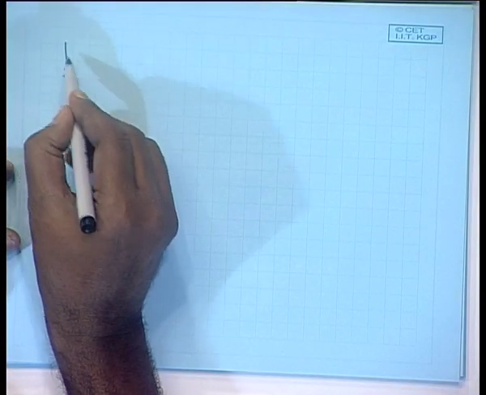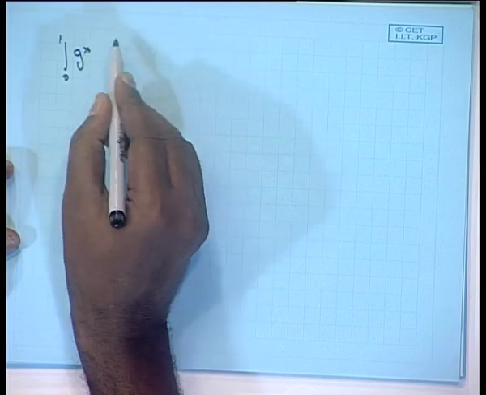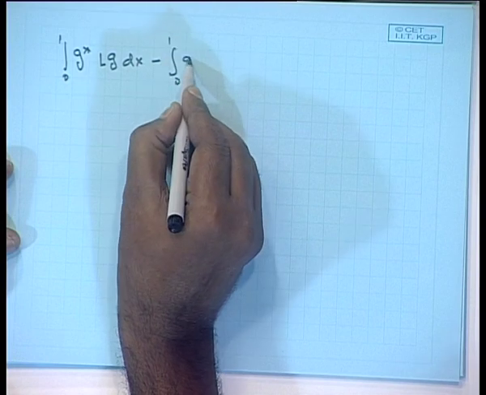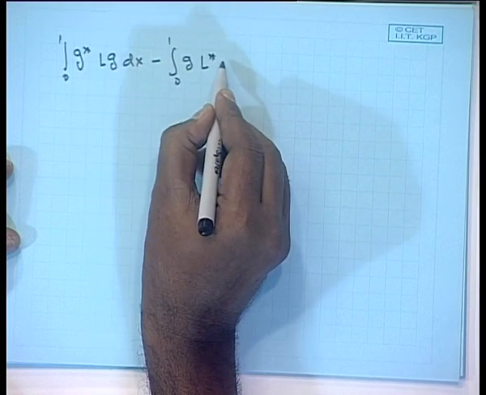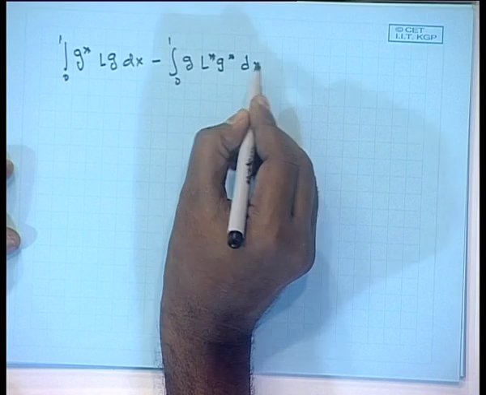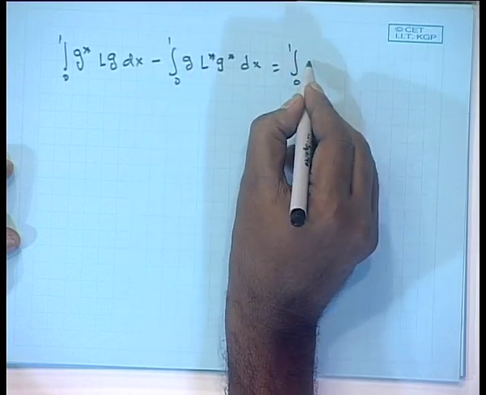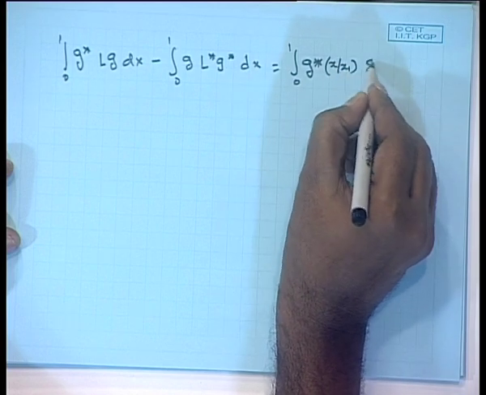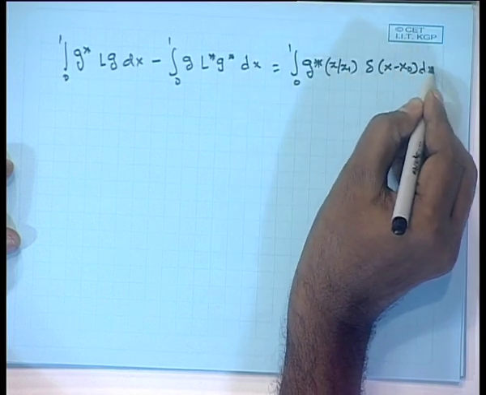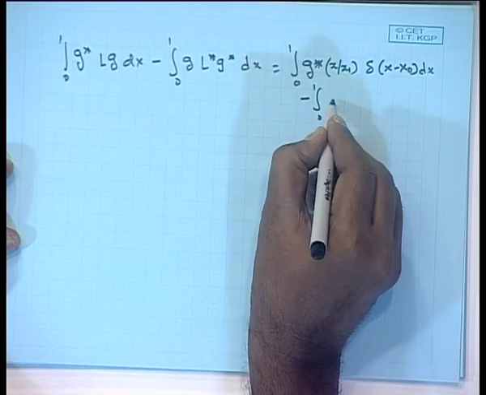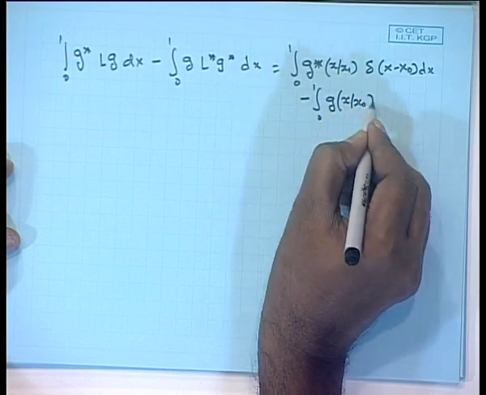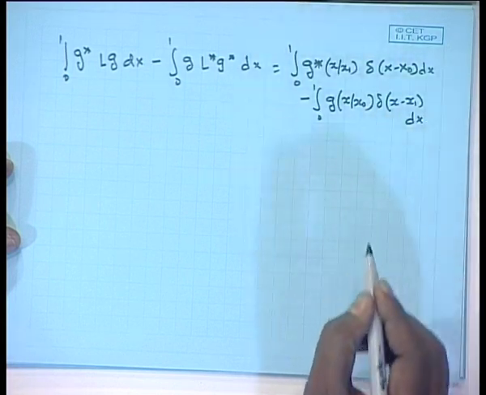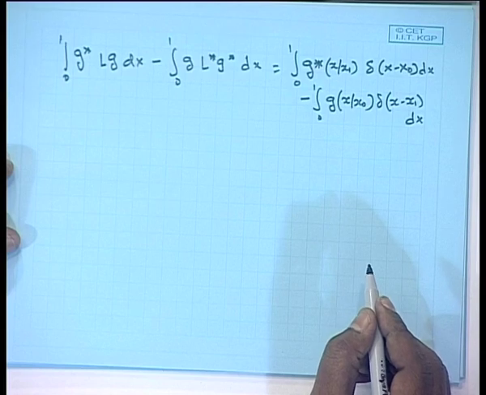That means integral 0 to 1 of G star L G dx minus integral 0 to 1 of G L star G star dx equals integral 0 to 1 of G star of x by x1 delta x minus x naught dx minus integral 0 to 1 of G of x by x naught delta x minus x1 dx.